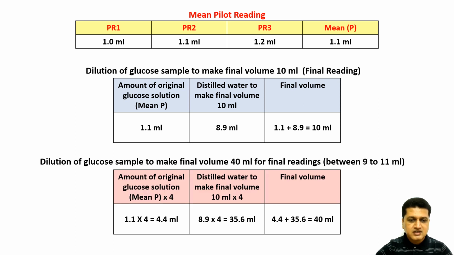For this, as shown in table, 1.1 into 4 equal to 4.4 ml original glucose solution and 8.9 into 4 equal to 35.6 ml distilled water are taken to make 40 ml final volume.